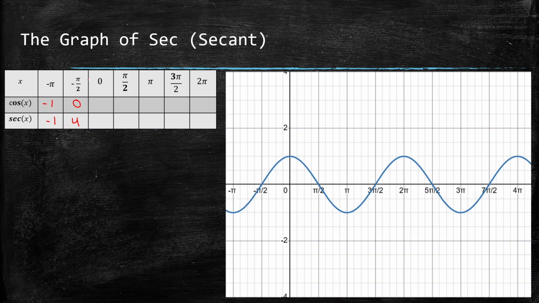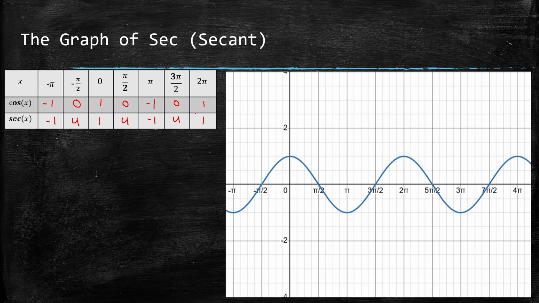When x equals 0, my cosine function is 1. And so this is +1. At 1/2 pi, I'm back to 0 again, and so we're undefined. Pi is -1 and -1. And finally, back to 0 and undefined. And 2 pi is up at 1 and 1 again.